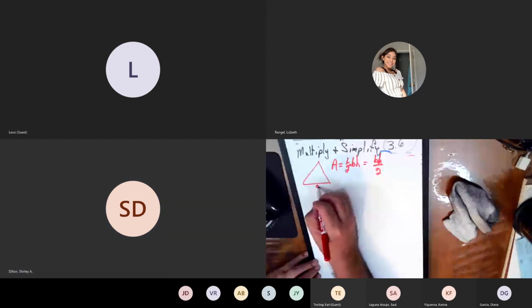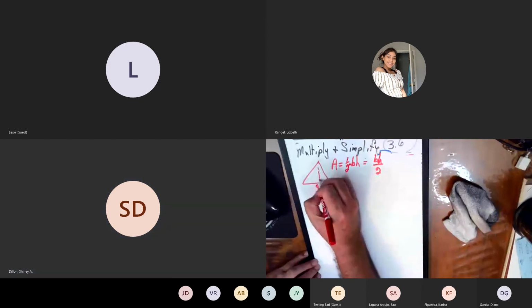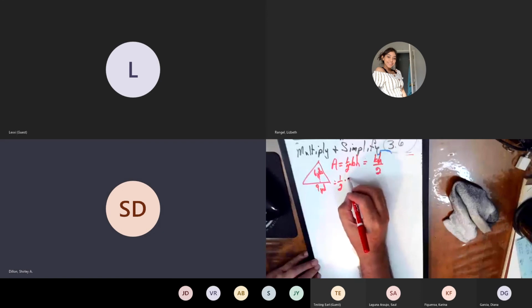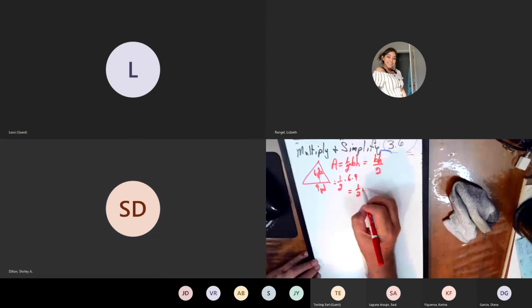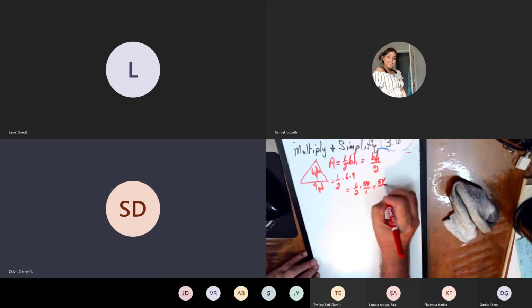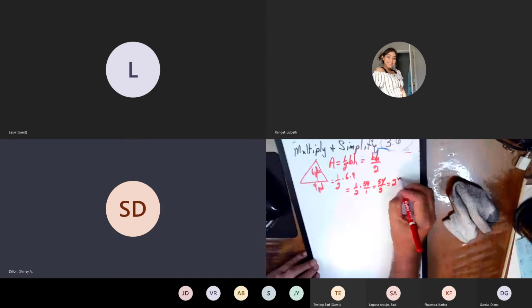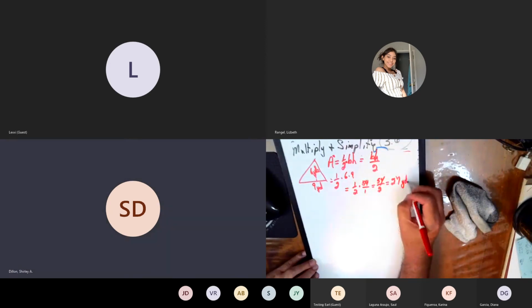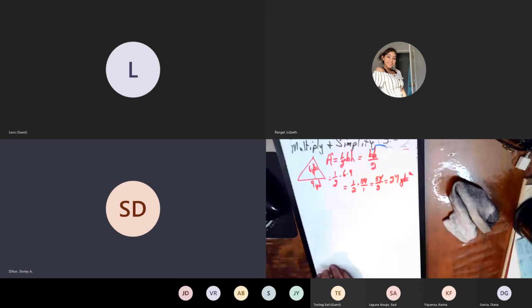If I have a triangle that is 9 yards here, and it has an altitude of 6 yards, I'm going to have 1/2 of 6 times 9 gives me 1/2 of 54. And so 54 over 2 reduces to 27. And again, since area is always two-dimensional, it would be yards squared. Okay, so that's a review of the triangle formula.